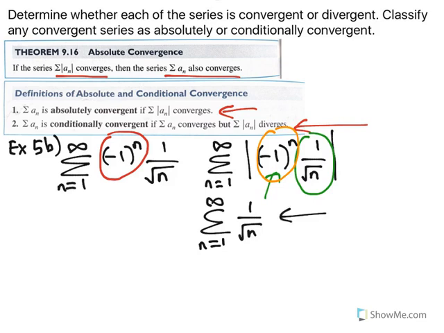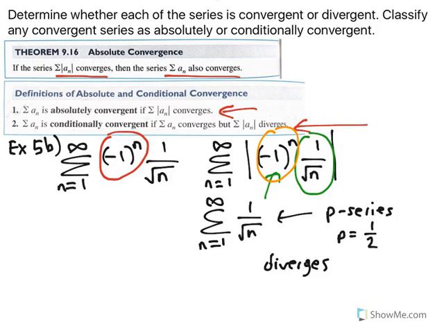You would recognize this series to be a p series with p equal to 1/2, and therefore it will diverge. So the corresponding absolute value series diverges.